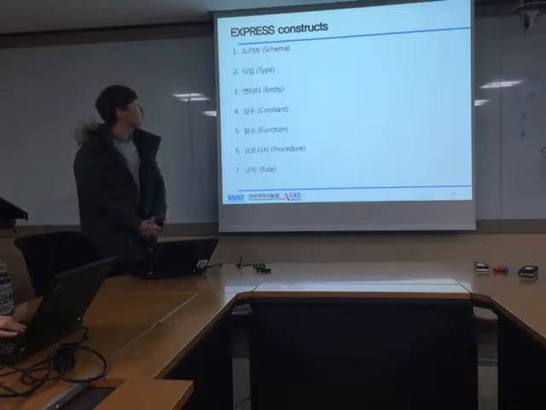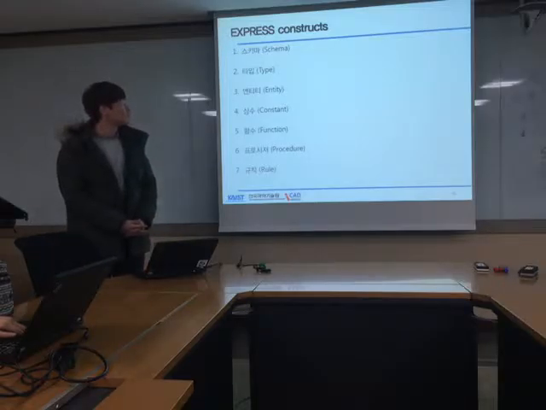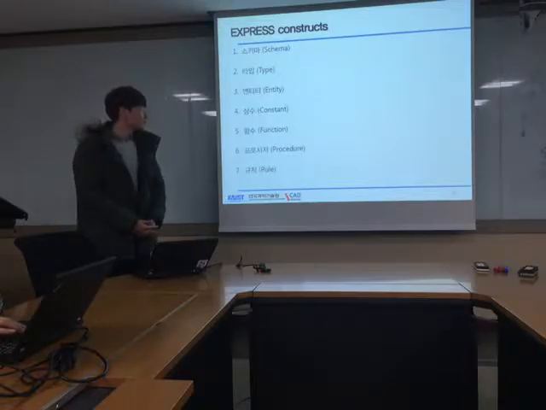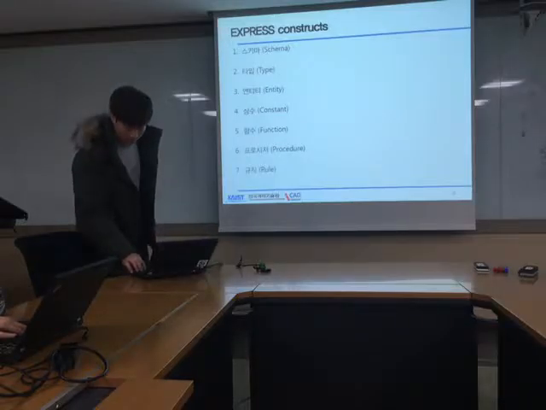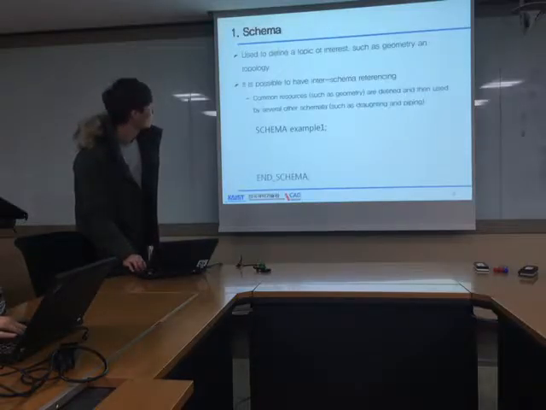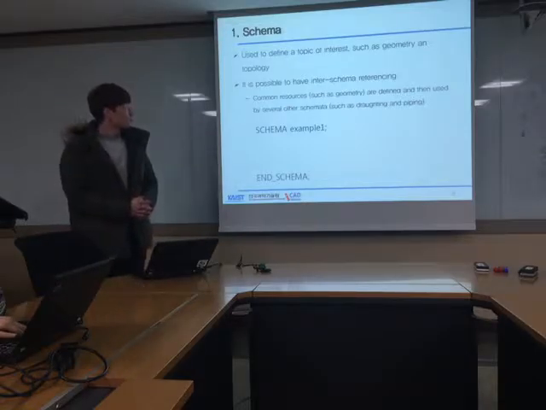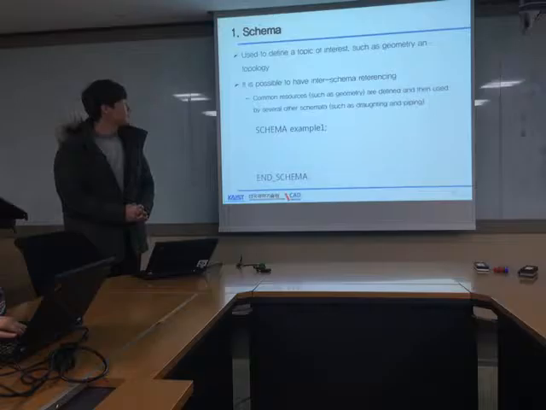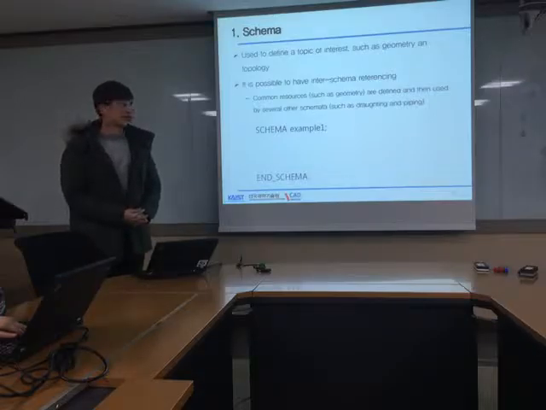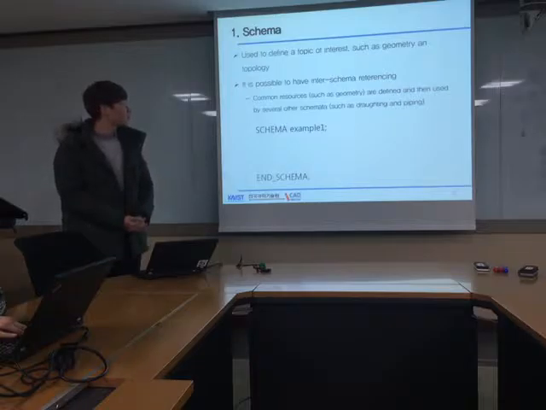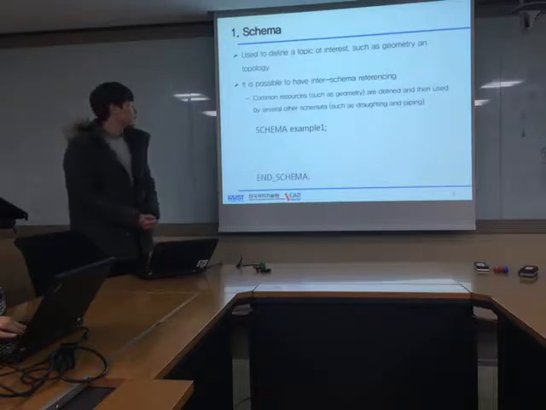These are the EXPRESS constructs. It is composed of schema, type, entity, constant, function, procedure, and rule. First, schema. A schema defines a topic of interest, such as geometry and topology.